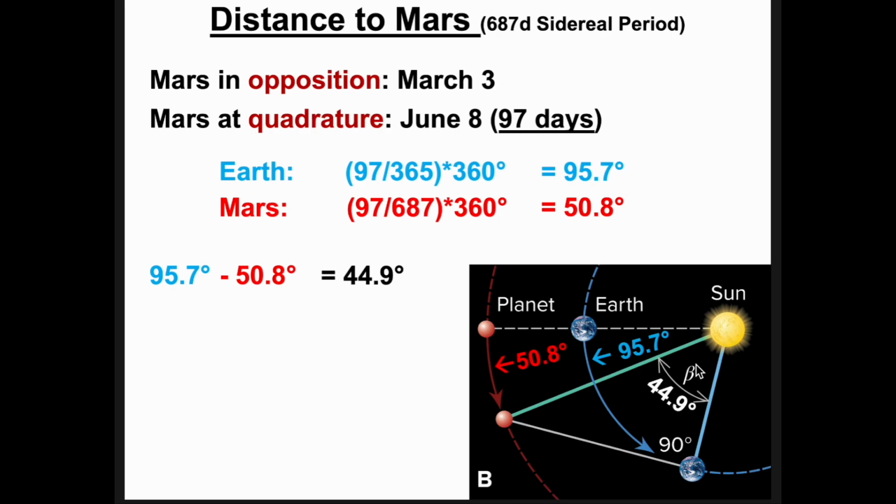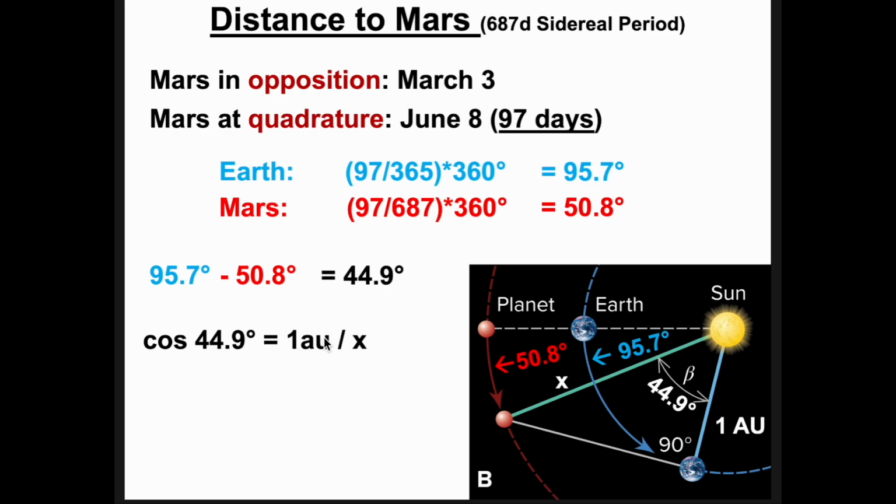But notice now we have a triangle we can solve. We know that the Earth is 1 AU from the sun. We want to know how far Mars is from the sun. So notice we have the hypotenuse of our triangle and the adjacent. So we have cosine. Cosine of 44.9 is equal to the adjacent over the hypotenuse, 1 over x.